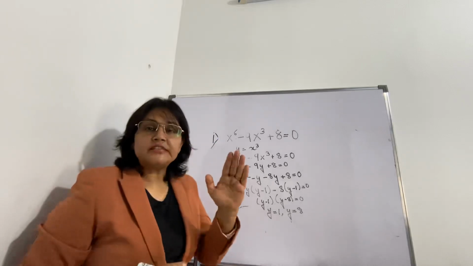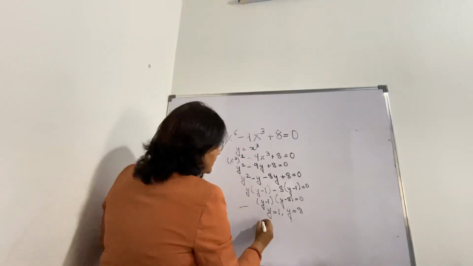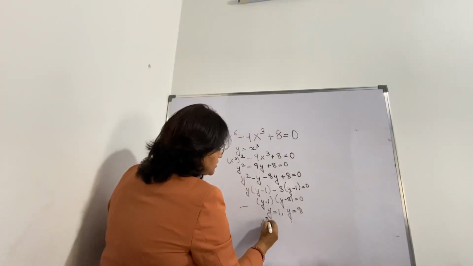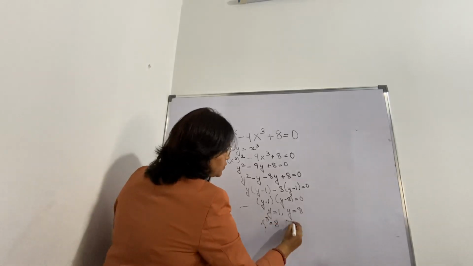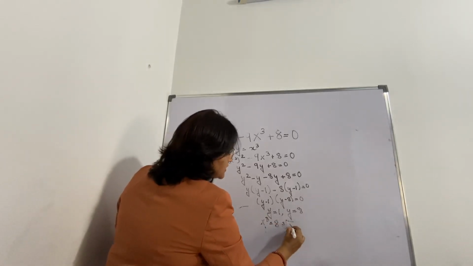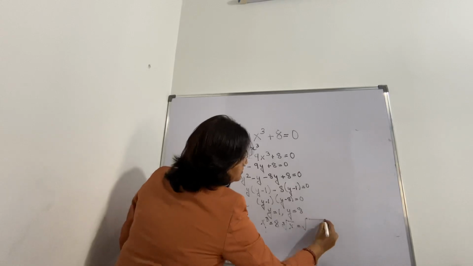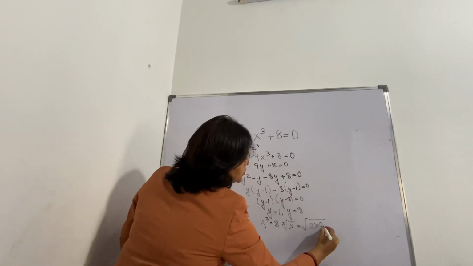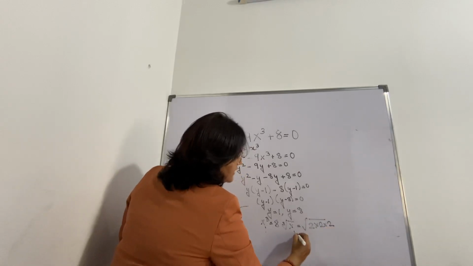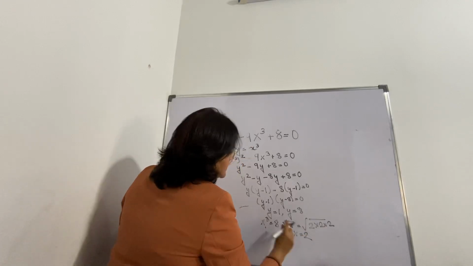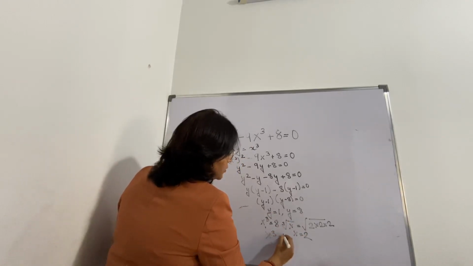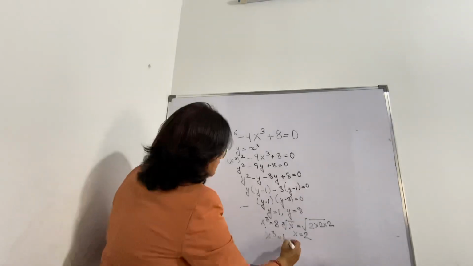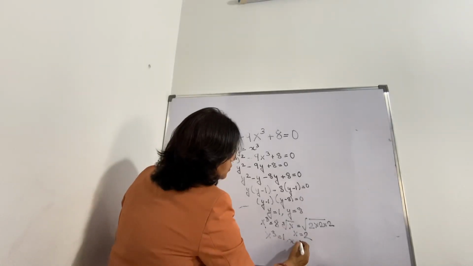Now, when we substitute the value, x cube is equal to 8. So if we take the cube root from both sides, it will become 2 into 2 into 2, so x is equal to 2. And where x cube is equal to 1, the value remains the same, and x is equal to 1.